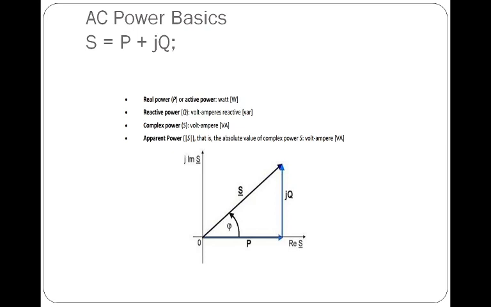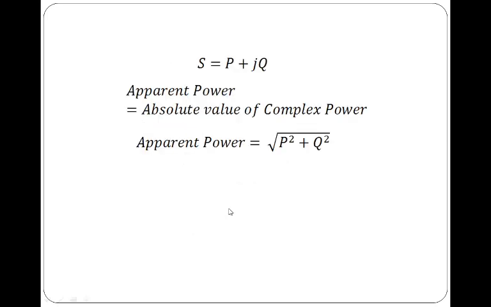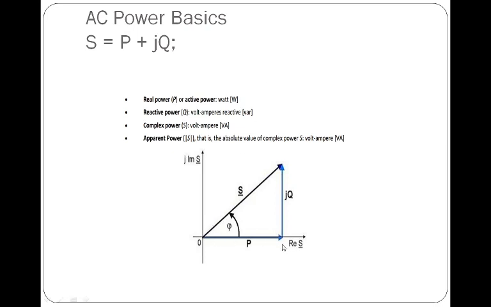Now, if you look at this complex notation of the power system, here S is equal to P plus jQ. We know that P here is the real part, which is the horizontal axis of this notation, and Q, which is the imaginary part, is the reactive part.